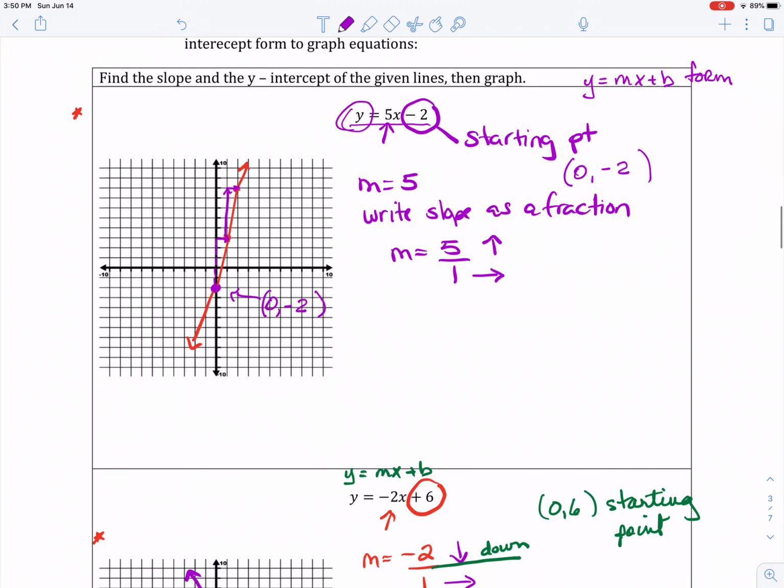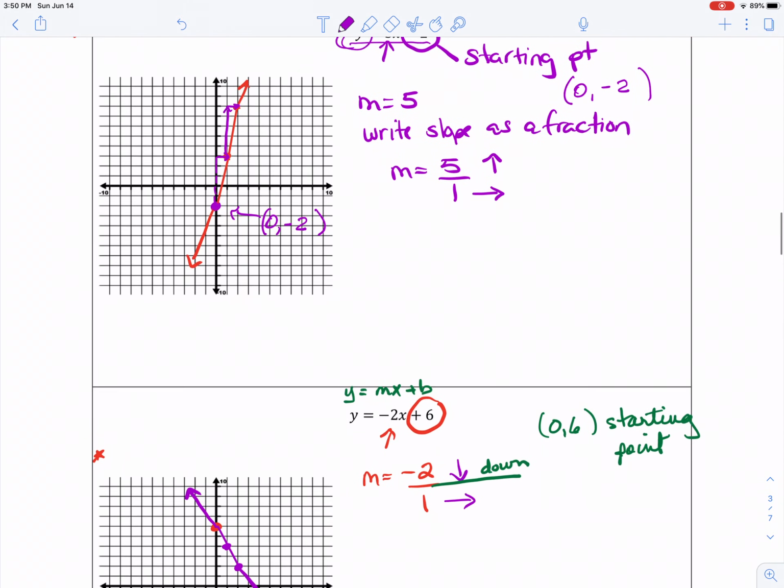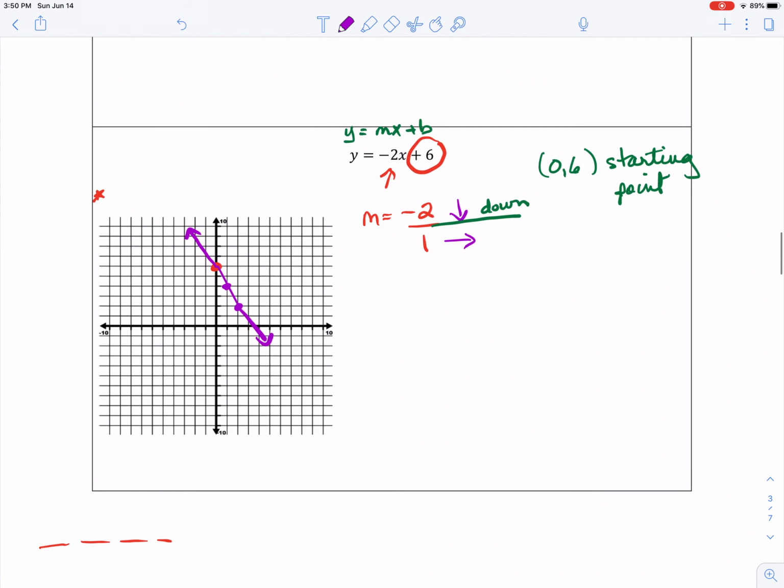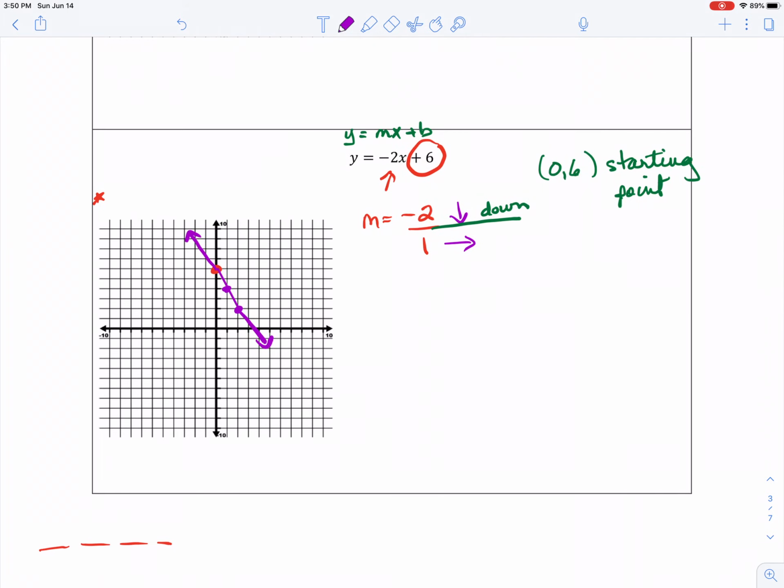And the last example for this video, this equation is also already in slope-intercept form. You can tell me that the slope is negative 2. You can tell me that the y-intercept is at 0, 6. And since this slope is negative, the top number means I'm going to, well, first, let me plot the point first.